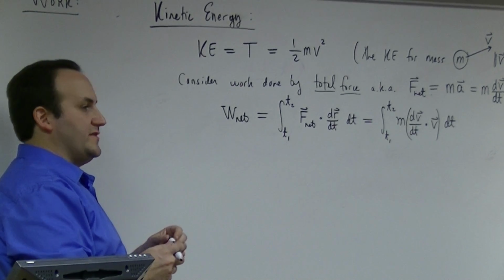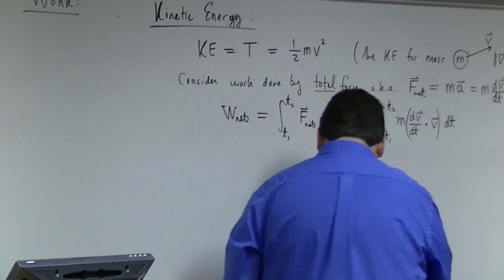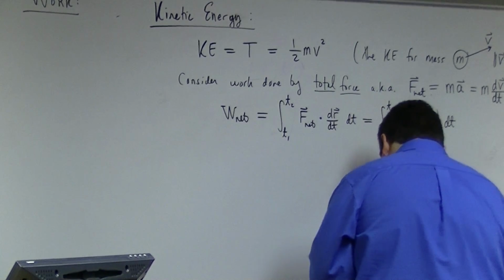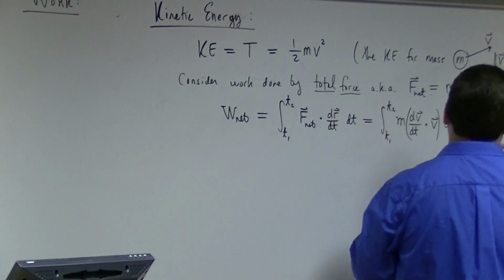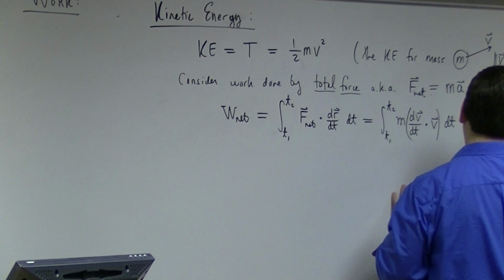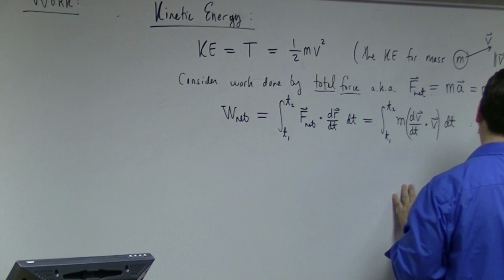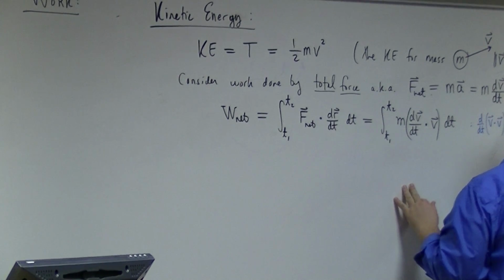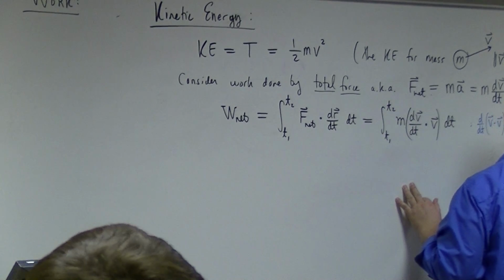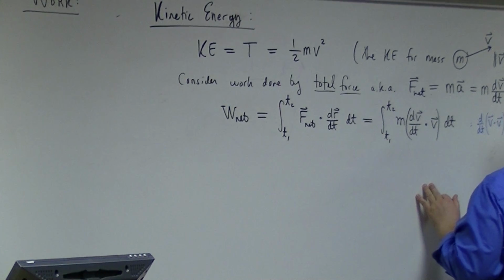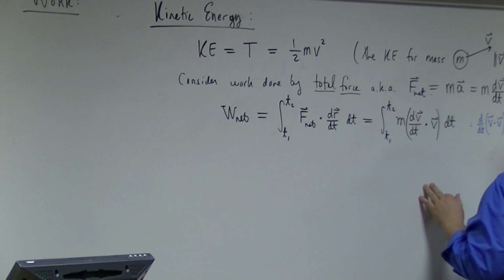Now there's this thing called the product rule. Let's look at it for a second. So what does the product rule say? d/dt of v dot v, what is it? It's v dot dv/dt plus dv/dt dot v, right?